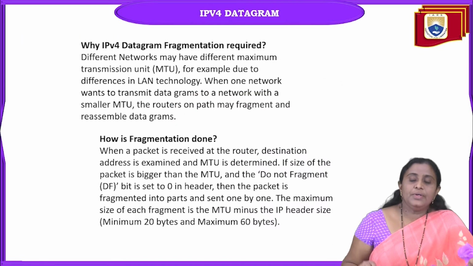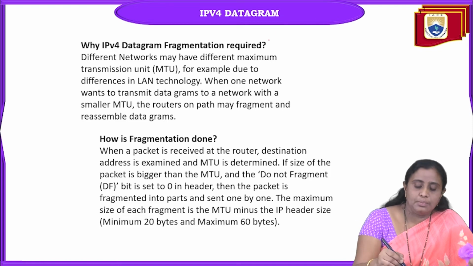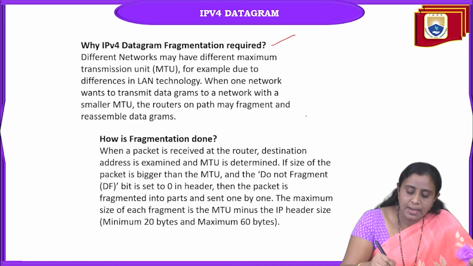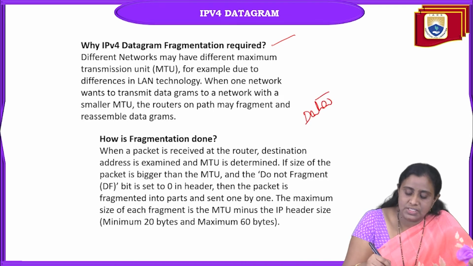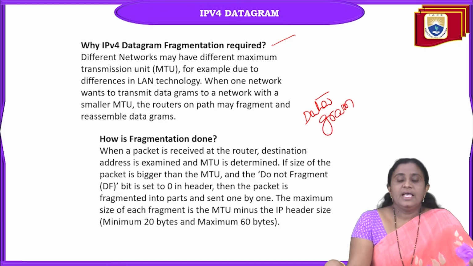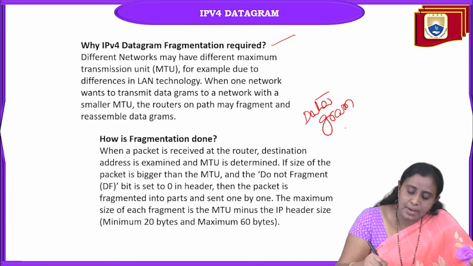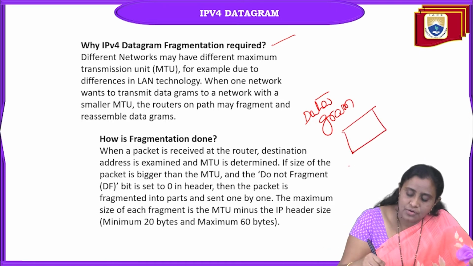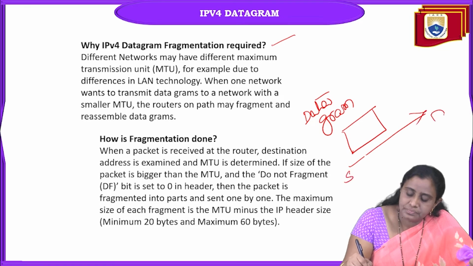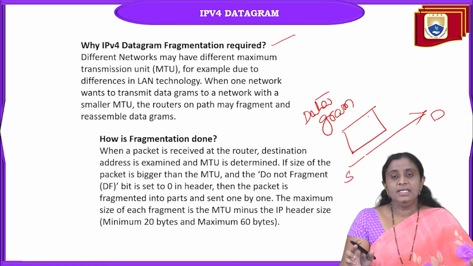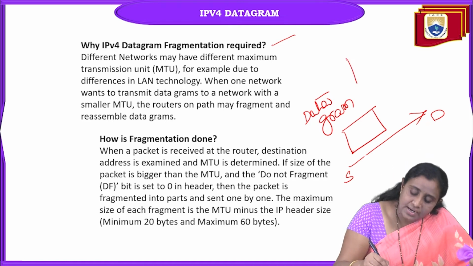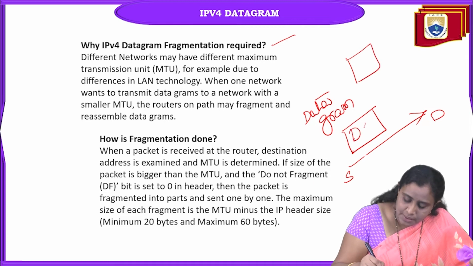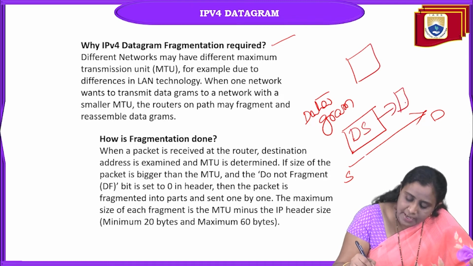Next, coming to the IPv4 datagram. What do you mean by a datagram and why is IPv4 datagram fragmentation required? What do you mean by a datagram? When a stream of data or a bulk of data is about to travel from one source to the destination, for the sake of easy traveling, this data stream will be divided into small packets.